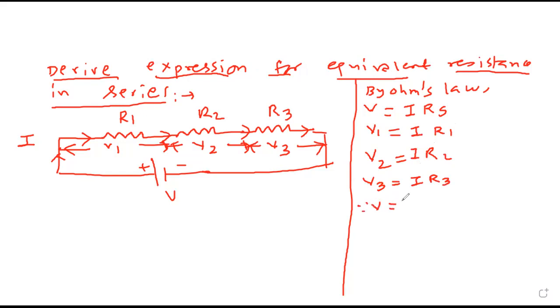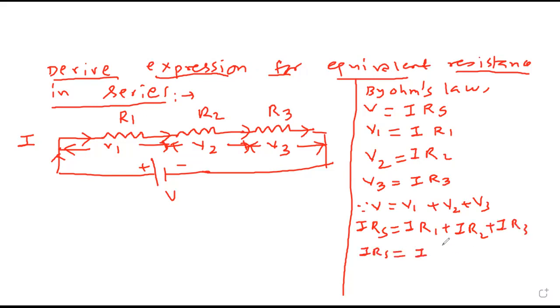Since V is V1 plus V2 plus V3, so I into Rs is IR1 plus IR2 plus IR3. So I Rs equals I common, R1 plus R2 plus R3.